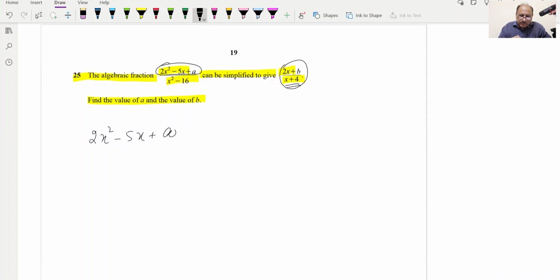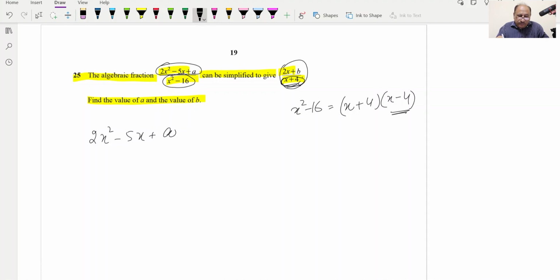Numerator, denominator is x plus 4, and denominator over here is x square minus 16. So this x square minus 16 can be factorized as x plus 4 and x minus 4, and this denominator is giving us hint that only x plus 4 will be remaining. It means x minus 4 will be removed, will be cancelled by numerator.